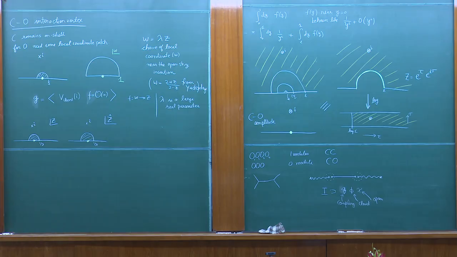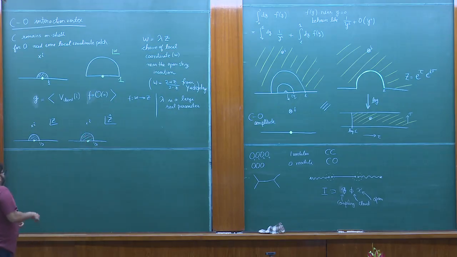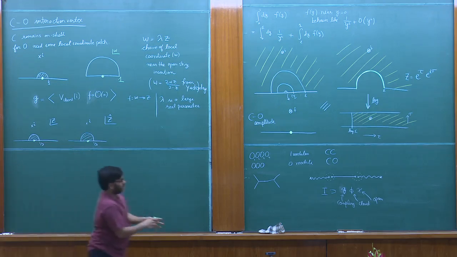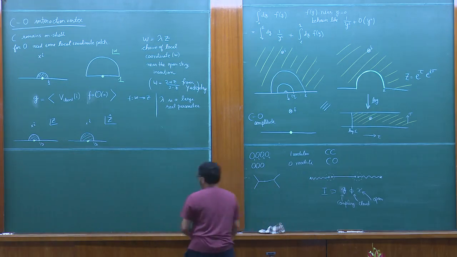Okay, so we have two of these CO interaction vertices, number 1 and number 2. What we are supposed to do is glue them together somehow. That is what this is. There is one CO interaction vertex here, and another here, and we're supposed to glue them.